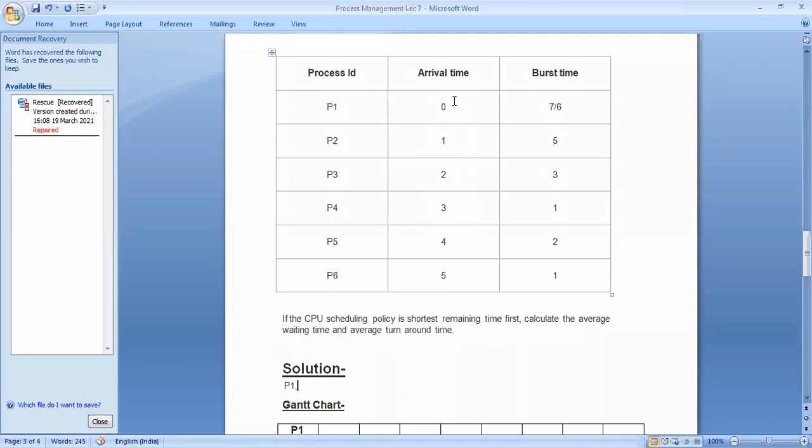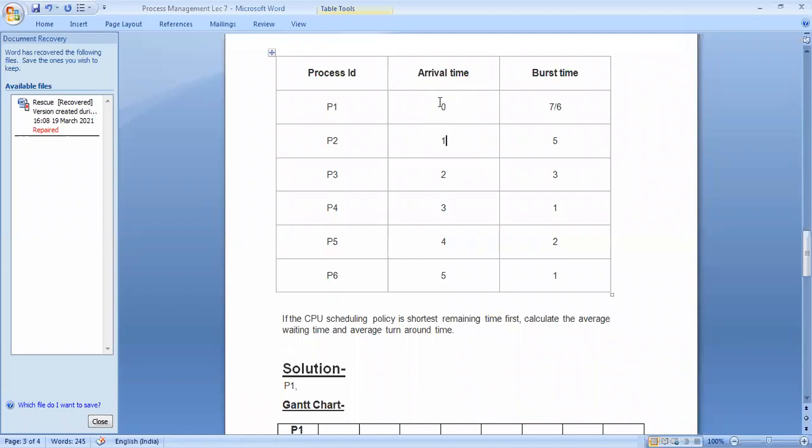So what is the meaning of arrival time? Arrival time means, suppose the time unit is 1, at that time how many processes are there in the ready queue. So again we'll start. When arrival time is 0, only one process is there. Do you have any doubt?